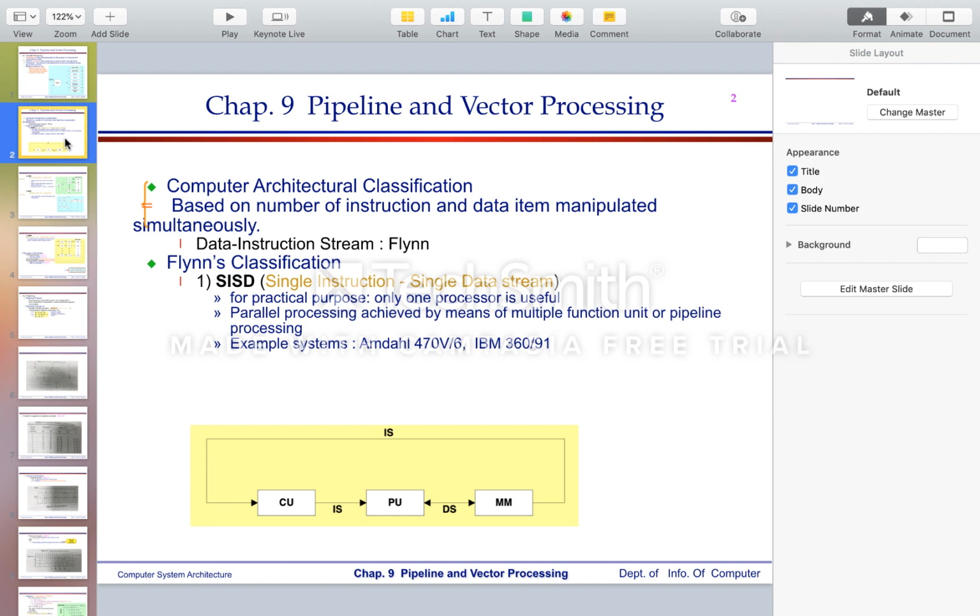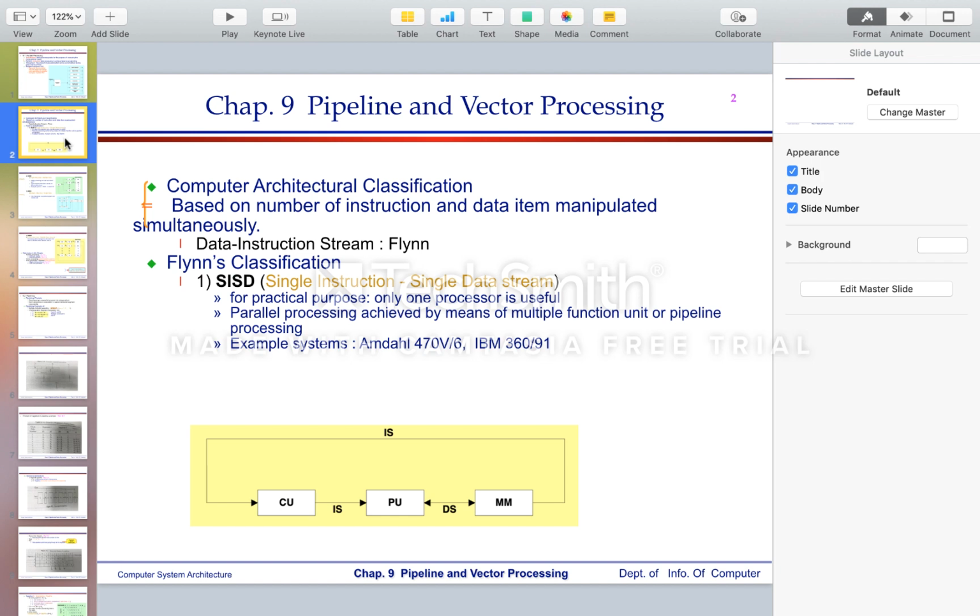Now, there are two more terms, instruction stream and data stream. What is an instruction stream? The sequence of instructions which are read from memory is called the instruction stream, whereas the operations performed on the data in the processor constitute the data stream.